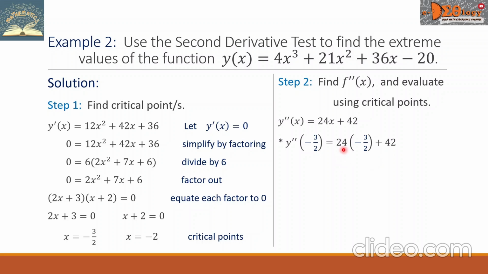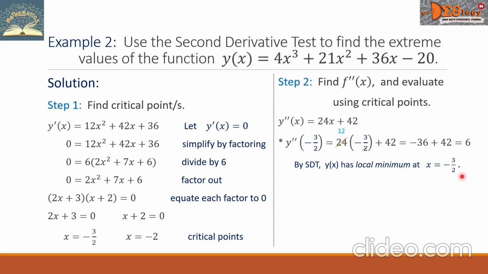We can cancel the 24 and 2, and this 24 becomes 12, multiplied by negative 3. So we have -36 + 42. So the answer is 6, and this is positive.